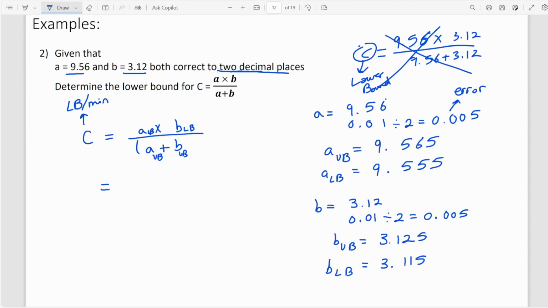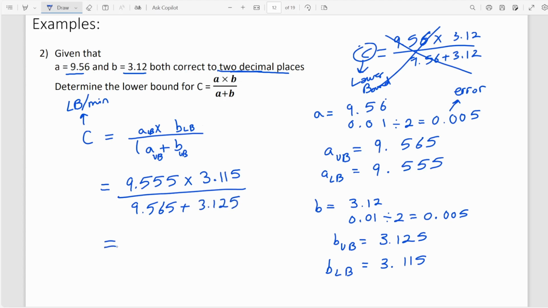So A lower bound, which is 9.555, multiplied by B lower bound, which is 3.115, over A upper bound, which is 9.565, plus B upper bound, which is 3.125.